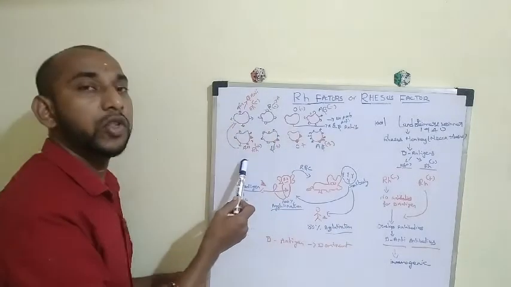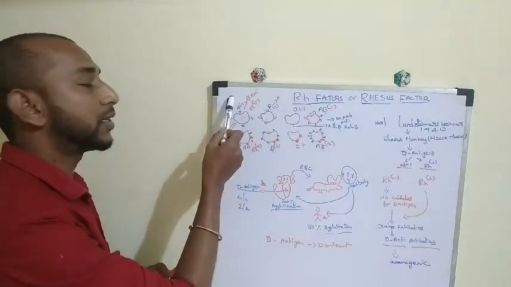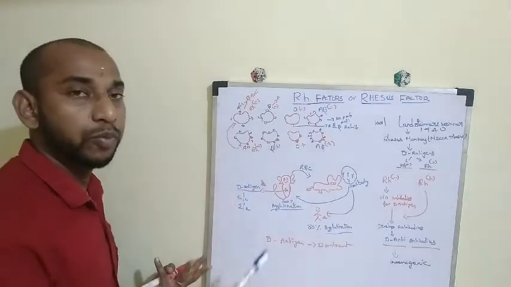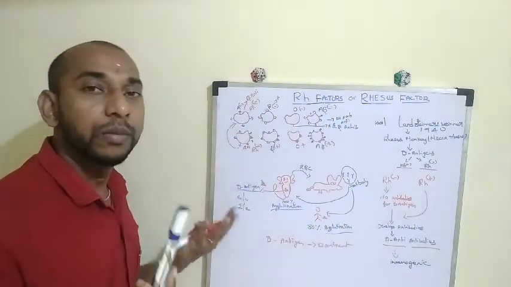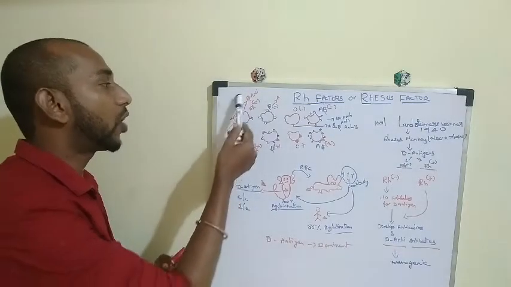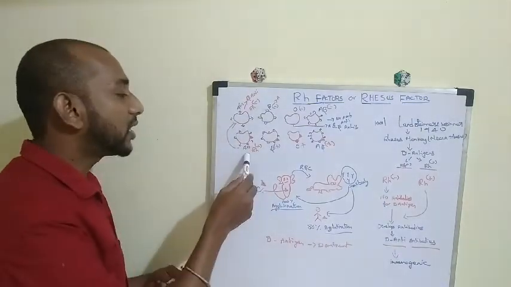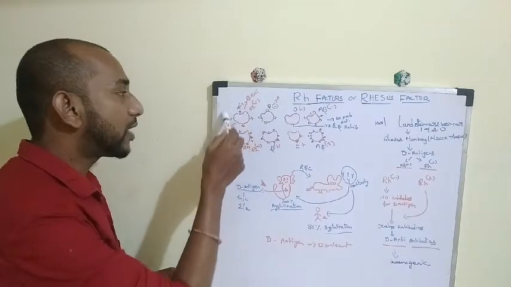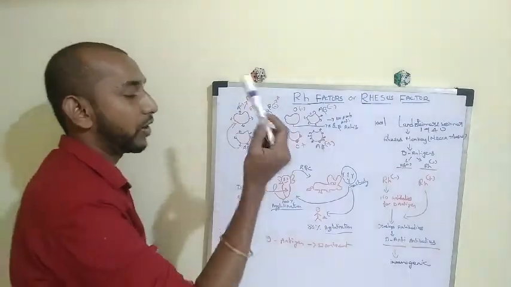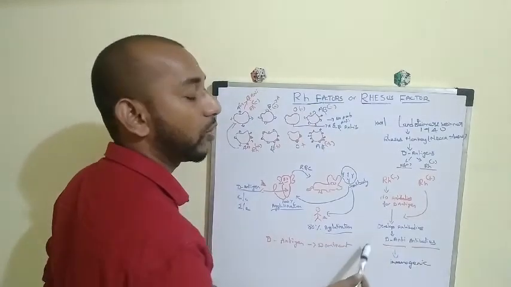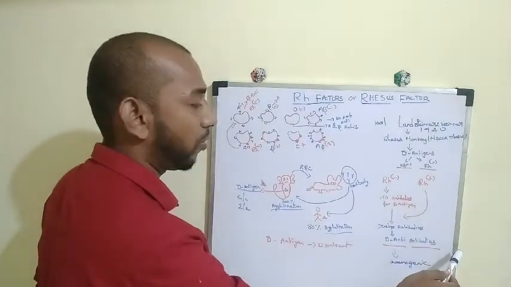See, this is also a blood group and this is also a blood group, the same blood group only, but still this one doesn't have the D antigen, so we call them Rh negative, and this one has the D antigen. Since it doesn't have the D antigen, it starts developing antibodies, and these antibodies are what we call D antibodies.